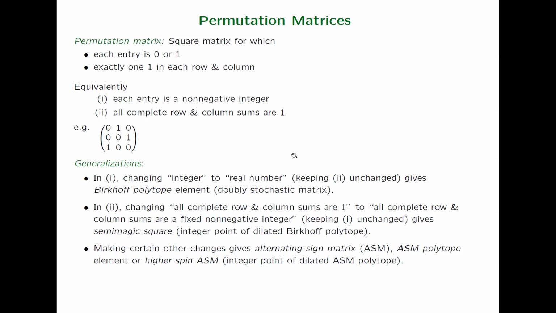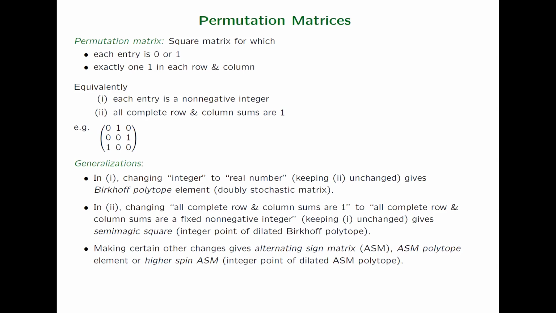Here's an example of a permutation matrix. And now that we've reformulated it in these terms, it's very natural to consider the following generalizations. If in the first condition we change integer to real number, but keep the second condition in place so that all the row and column sums are 1, then we get something which is known as a doubly stochastic matrix.